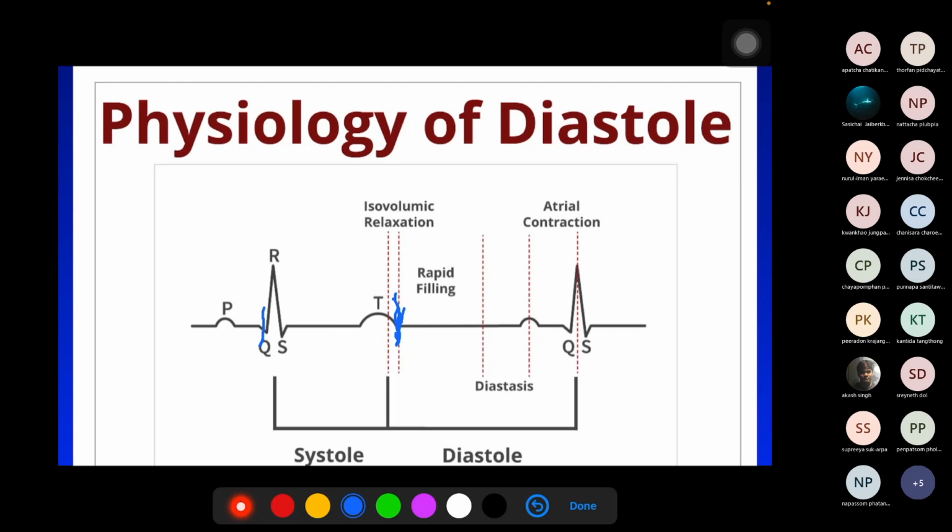This is the systole, and the diastole starts from the T wave to the next QRS complex. So the diastole takes about 2/3 of the time, but the systole takes about 1/3 of one cardiac cycle.